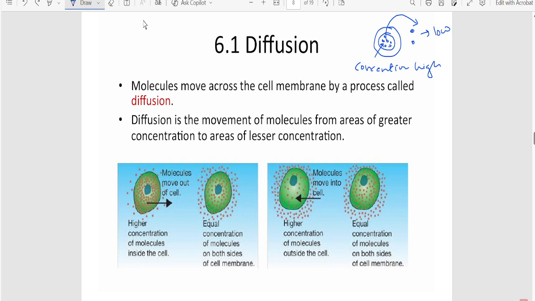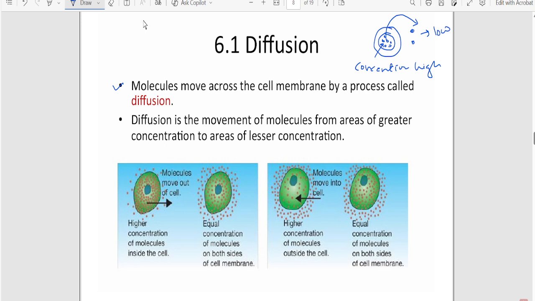Our body is made up of millions of cells, and if each cell consumed energy, you can imagine how much energy we would require.